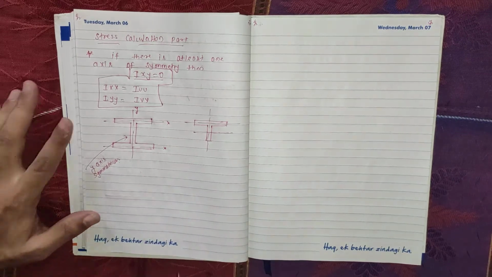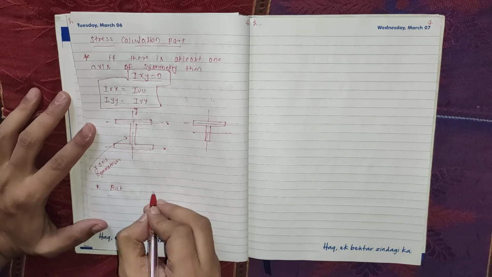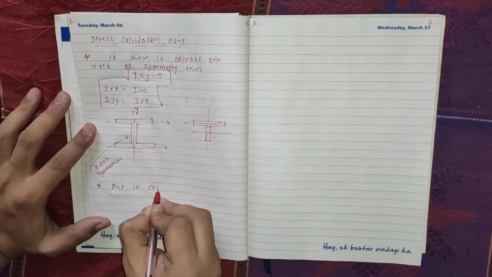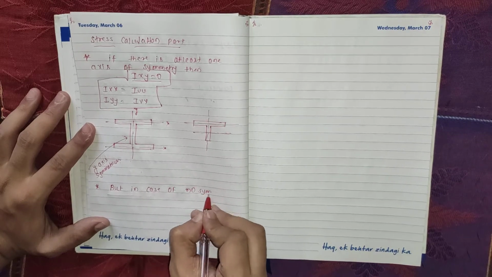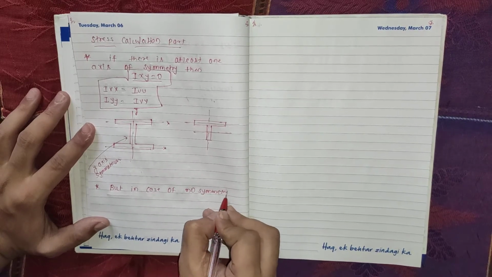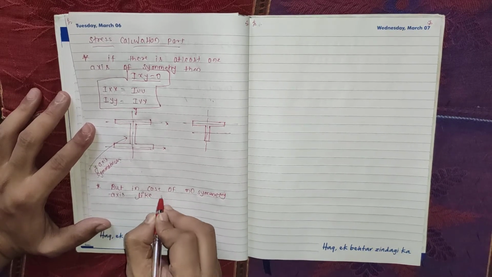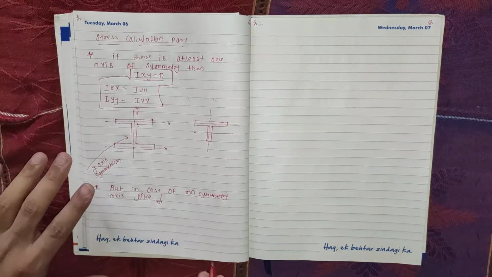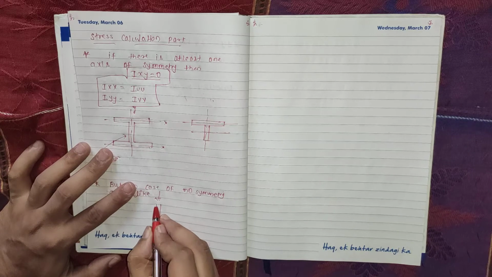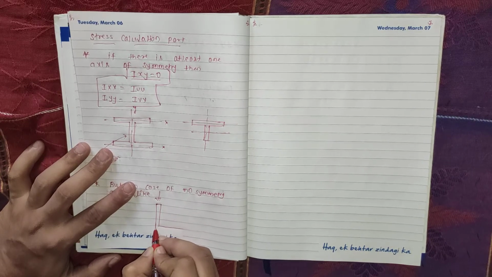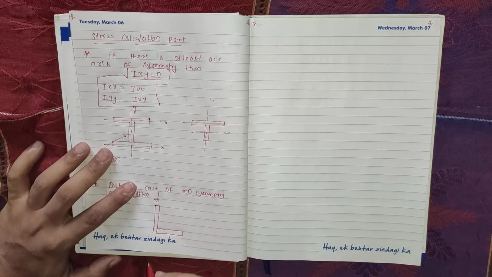Now, in case of no symmetry, see below, like an L section. This is one section and this is the second section.